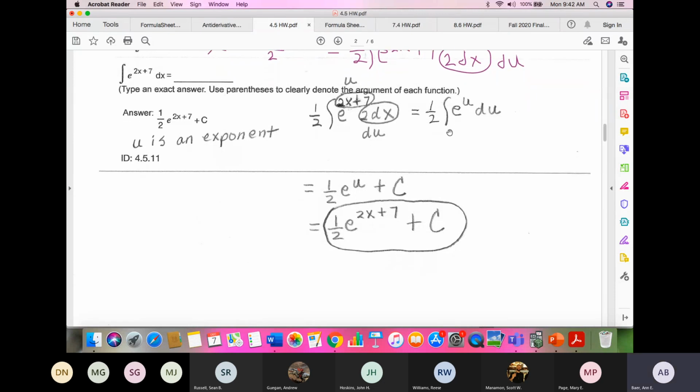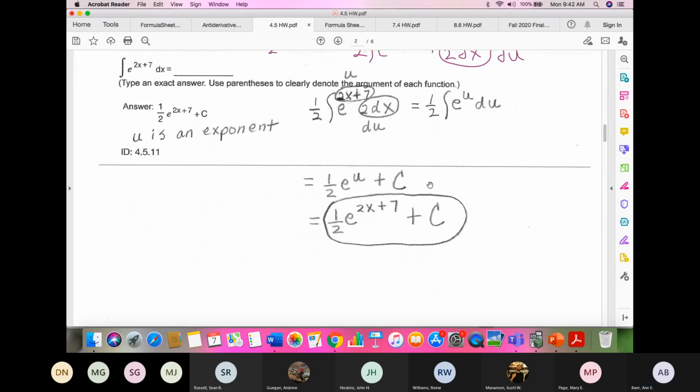So if we want to integrate this, we write down our 1/2 out front. The integral of e to the u is easy. It's just e to the u. The integral of e to the x is e to the x, so the integral of e to the u is just e to the u. Plus our constant of integration, since we're working with an indefinite integral. We don't want our answer to be just in terms of u. We want it to be in terms of x.